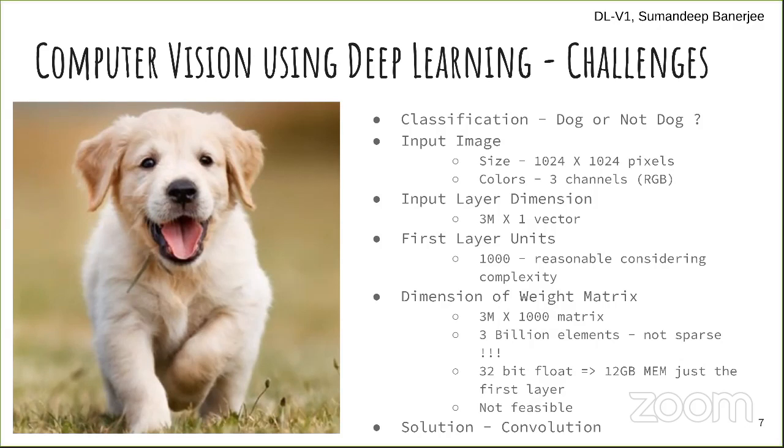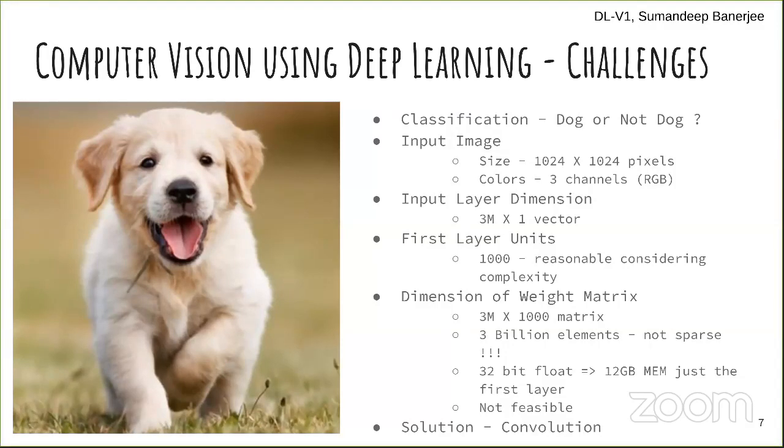And if we use 32-bit floats to store each of the input weights of a neuron, then we'll end up with just 12 GB of memory just for the first layer of the network.